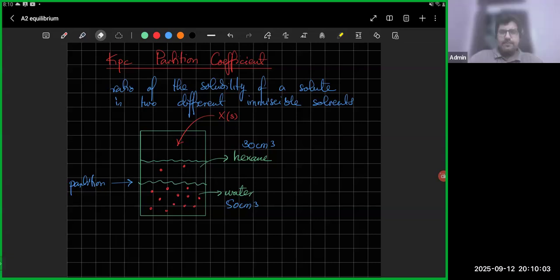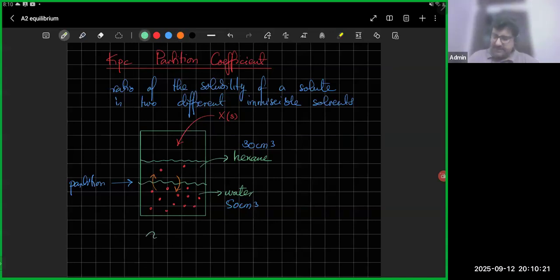But what will also happen is that they'll form an equilibrium across the partition. The particles will constantly move to the hexane layer, but at the same time, the hexane layer particles would constantly move into the water layer.